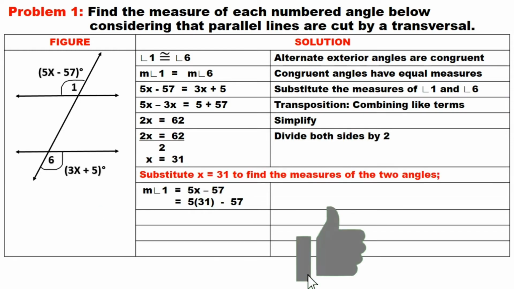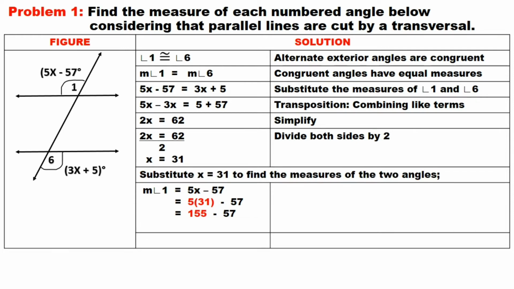Next, substitute x equals 31 to find the measures of the two angles. Measure of angle 1 equals 5x minus 57. Replace x by 31. 5 times 31 equals 155 minus 57 equals 98. So, measure of angle 1 equals 98 degrees.